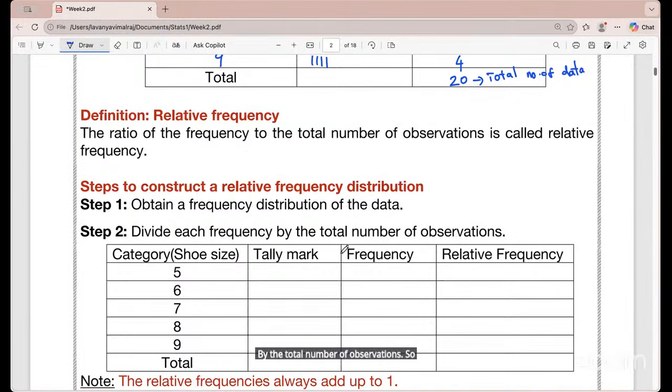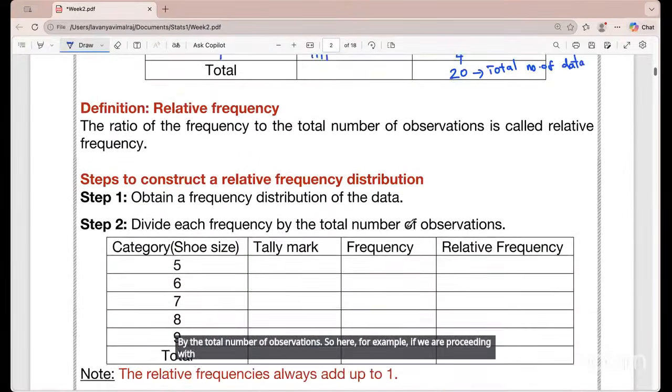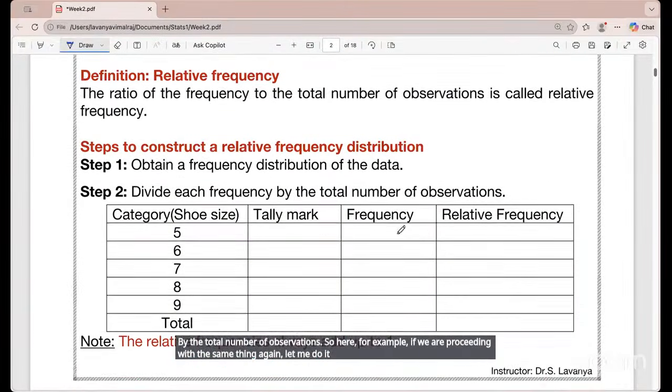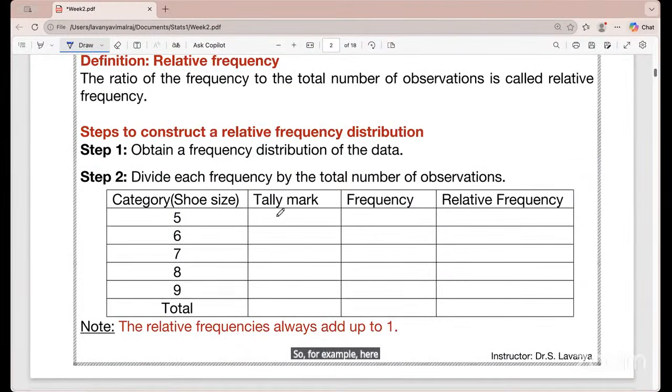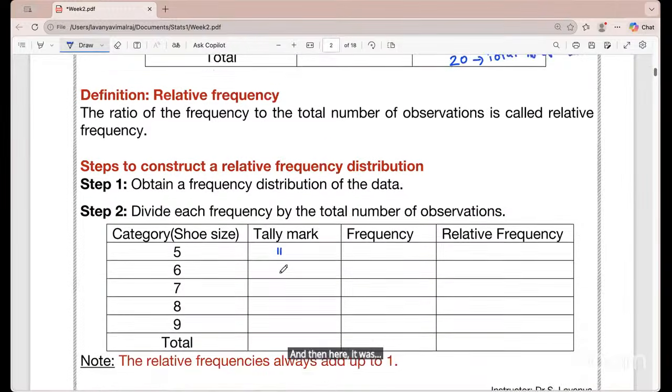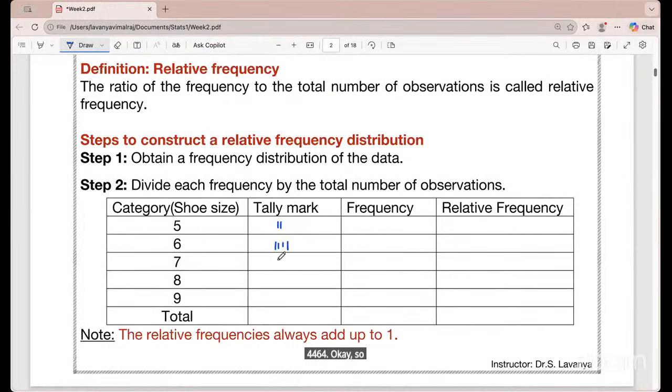Let me do it and show you, then you will understand it better. Here we had 2, 4, 4, 6, and 4, and you know the total is 20.